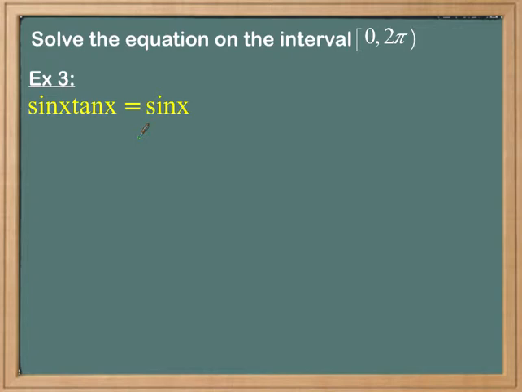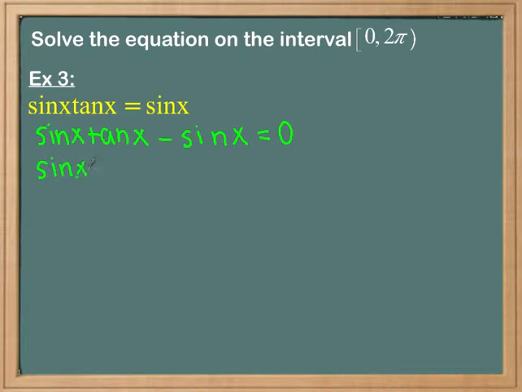So instead, what we have to do here is we're going to get this set to 0. So sine of x tangent of x is equal to sine of x. Let's get this set to 0. So I have sine of x tangent of x minus sine of x is equal to 0. And while this is not a quadratic, we can solve it by factoring because we have a GCF of sine of x.